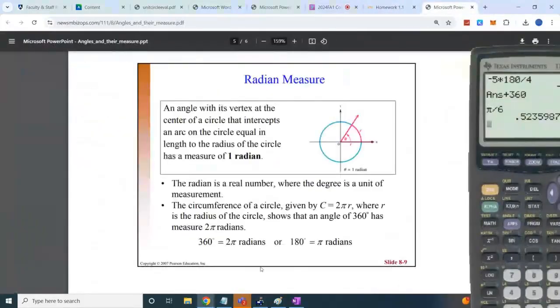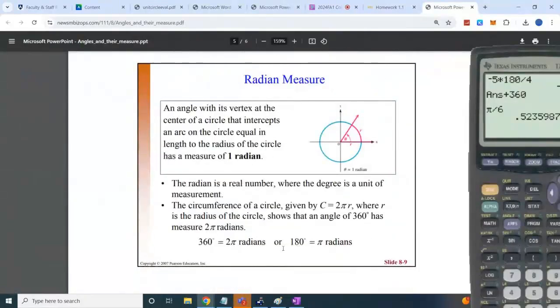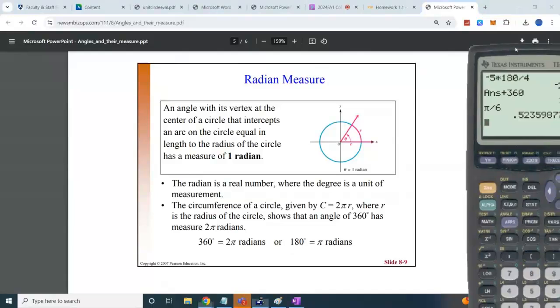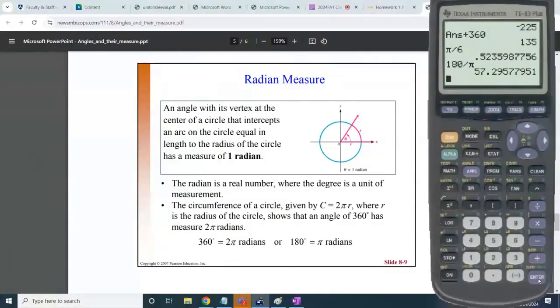Okay, if we take a look at this, it says that 360 degrees is equal to 2 pi radians. They divided both sides by 2. What they did not do is divide both sides by pi. So if I were to take 180 degrees and divide that by pi, I get 57.2.